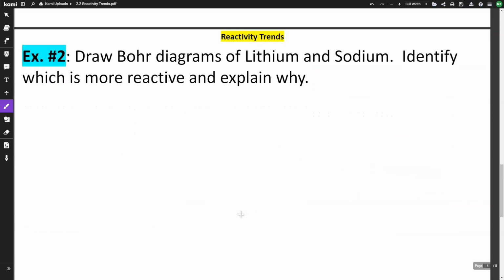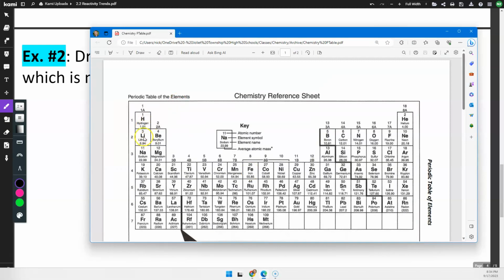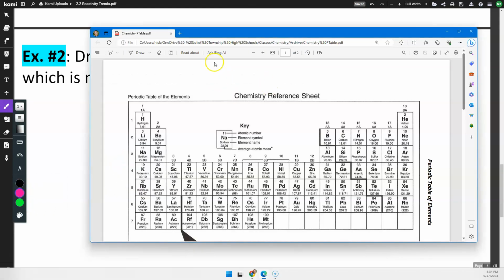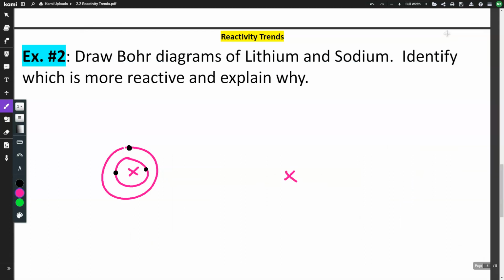So here it says draw Bohr diagrams of lithium and sodium. Identify which is more reactive and explain why. Lithium is in group 1. Lithium is number 3, so our atom will look just like that. And then sodium. Sodium is in the 3rd period, and it has 11 electrons, so it'll look like this.